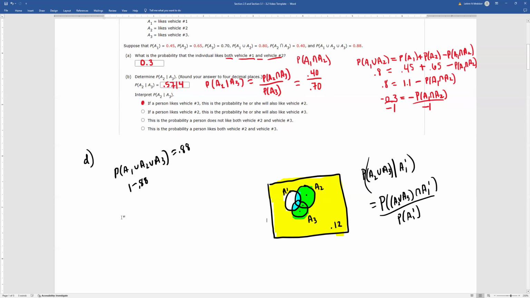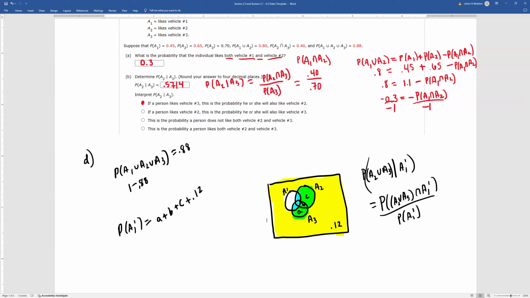And then if I call these three parts A, B, and C, because if we add these three green parts and the yellow part together, that will be our probability of A1 not, that complement. That's everything that was yellow before we hit it with the blue color, okay? So that's going to be A plus B plus C plus 0.12.